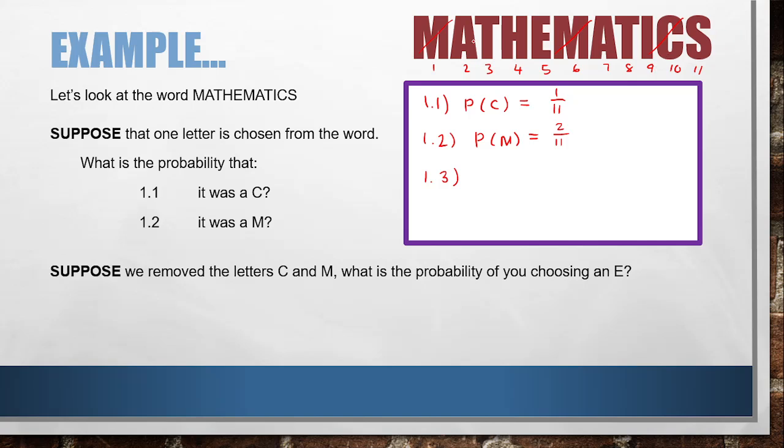Let's count. 1, 2, 3, 4, 5, 6, 7, 8. It's 8. Sorry, it's 8. 11 minus 3 is 8. Okay, so what is the probability of getting an E once we have removed the letters? Well, how many E's do we have? Only 1, so 1 over 8.